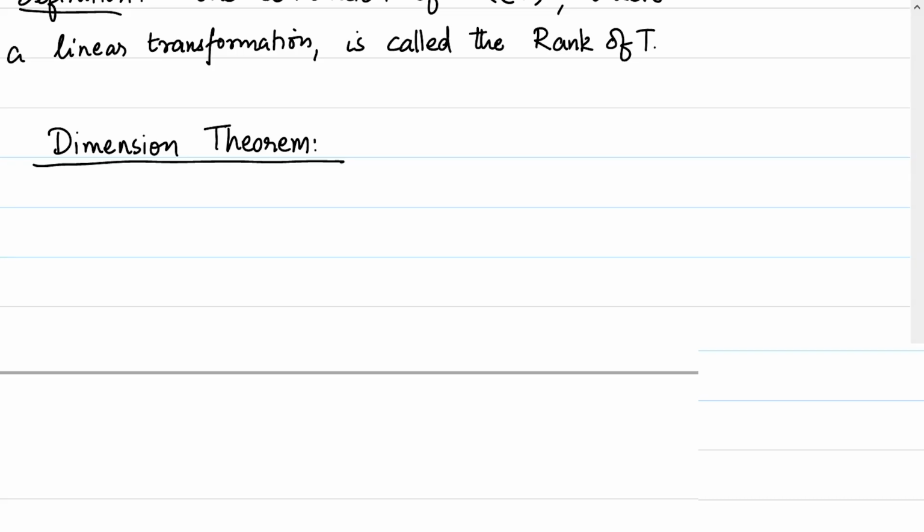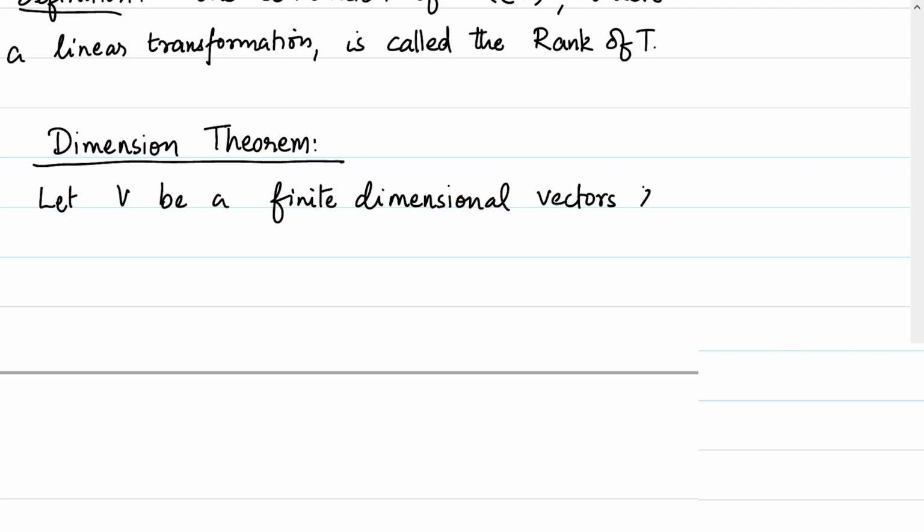In this theorem, however, we will put a restriction on V. So let V be a finite dimensional vector space, and T be a linear transformation from V to W.